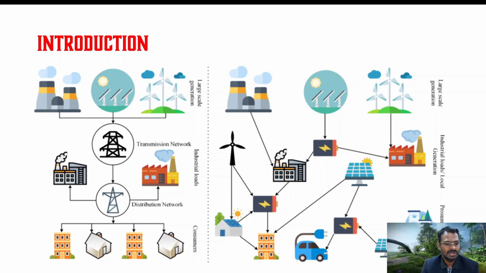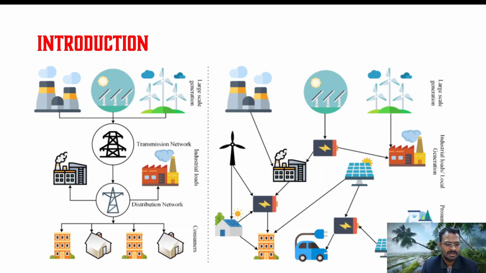If you see the conventional power system, as I told you earlier, it may be a power plant fed by fossil fuels, or a power plant from solar or wind farms, and this generation takes place far away from the consumer. Once the power is produced, the voltage is stepped up to a very high level and transmitted over long transmission lines to the consumers, who may be located in a village or a metropolitan city.